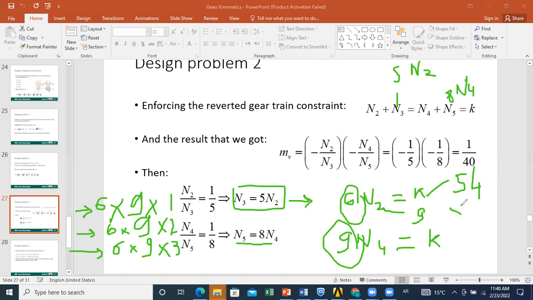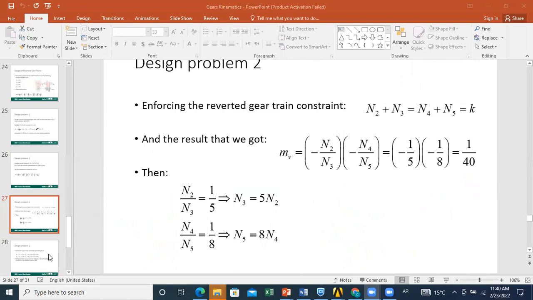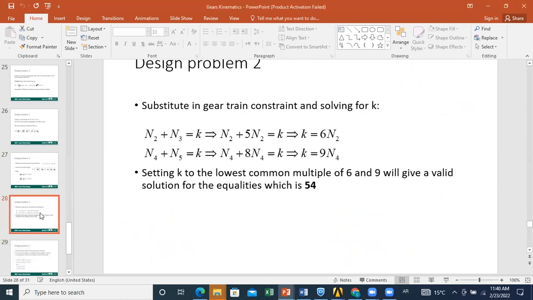This is not acceptable for us. So we say no. Let us try other values. As you can see these iterations here, we will try different multiples of 54.